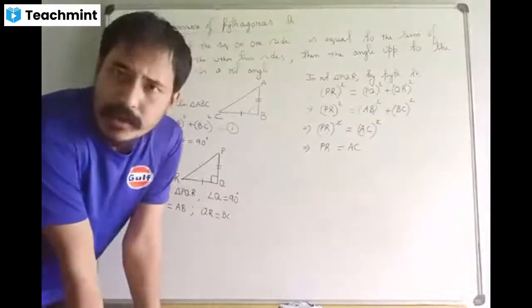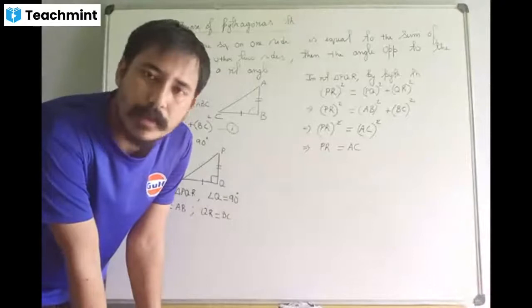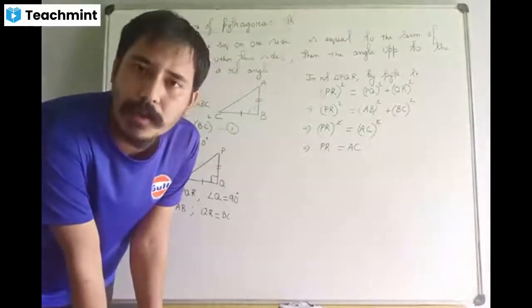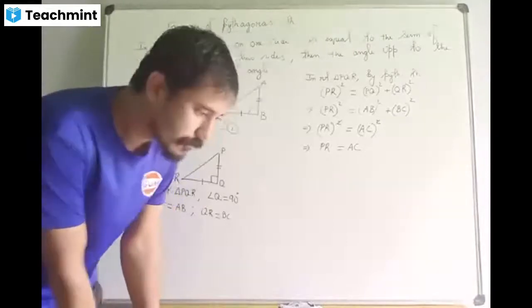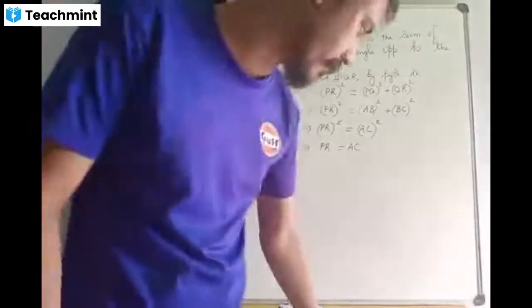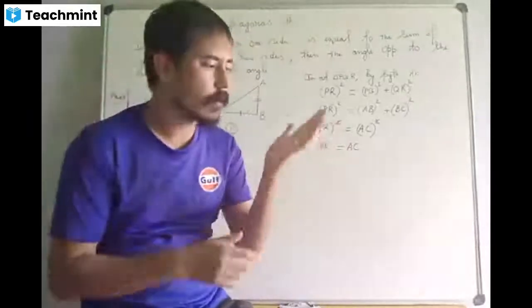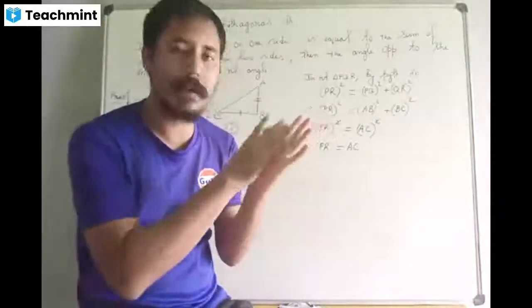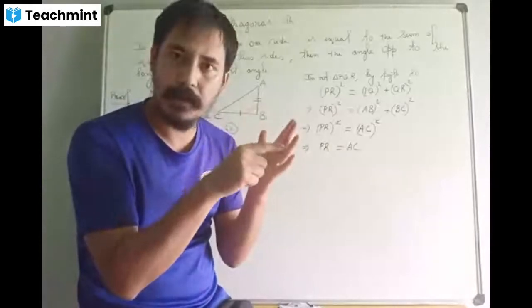So if two triangles are similar and have equal size, then they are said to be congruent. I'll give you an example. The two palms of my hand. My left hand has 5 fingers. We have the thumb, the forefinger, the middle finger, the little finger.